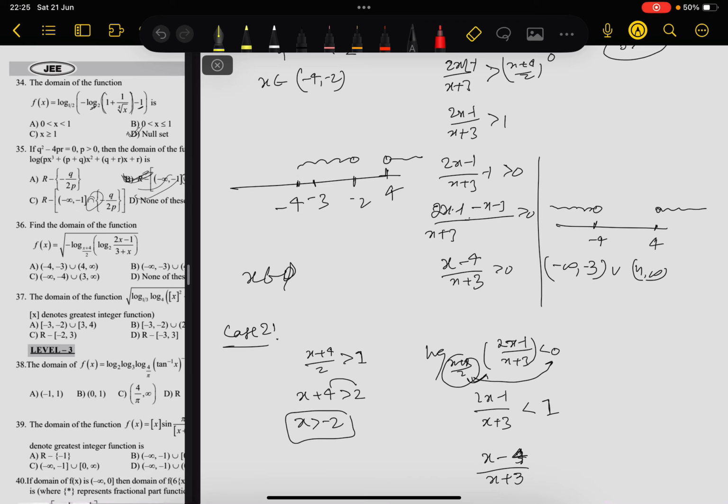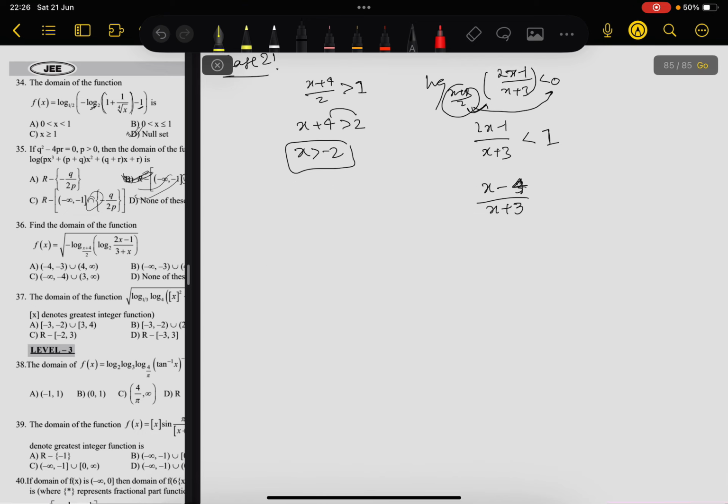Let me try it again. That is 4 to infinity and minus infinity to minus 3. Second one is minus 4 to 2. So yes, this is the intersection. So here x is not 5, x belongs to minus 4 to minus 3, open. This is the value of x from case 1.